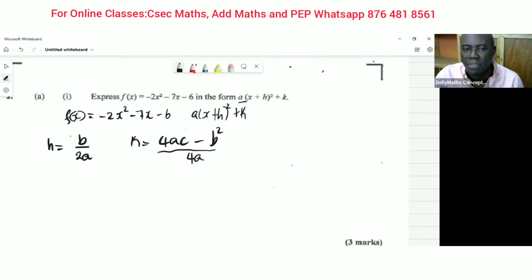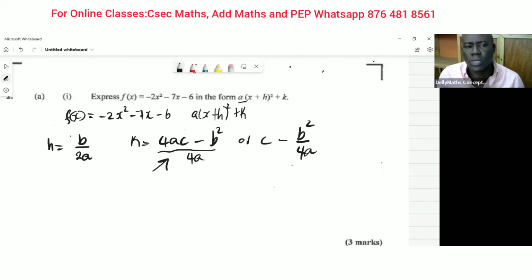This same thing can be written as c minus b squared over 4a. It's up to you, but I'm going to be using this one.